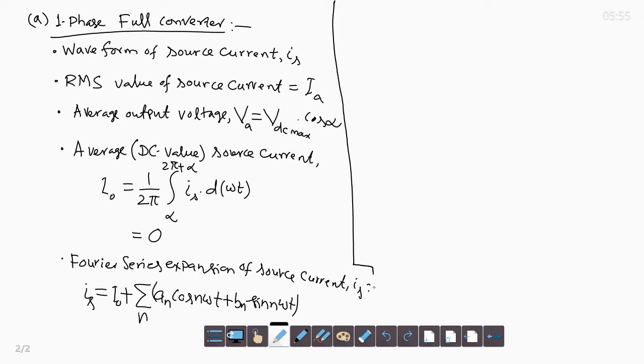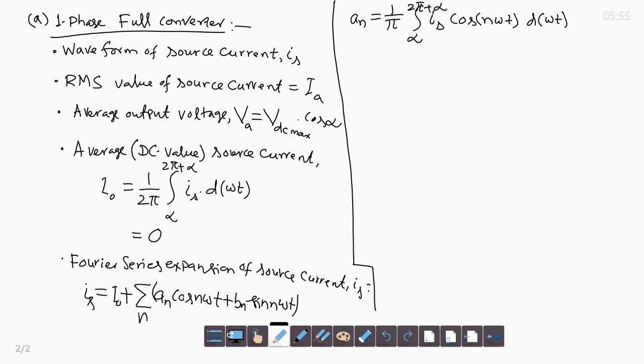Let us derive An and Bn, so that we can derive the power factor. So what is An? You recall the Fourier series analysis. An is 1 by pi integral of Is cos n omega t d omega t from alpha to 2 pi plus alpha.